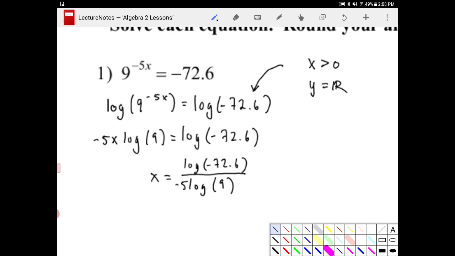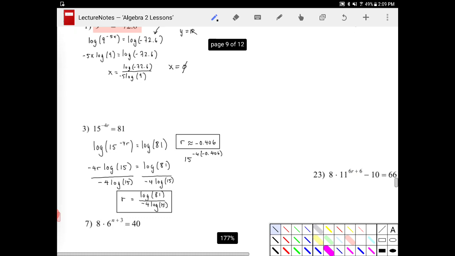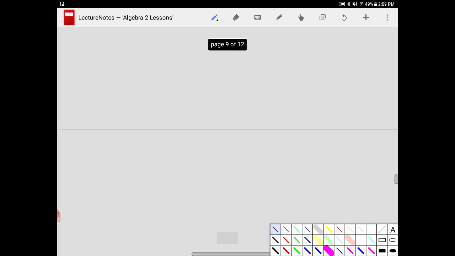And actually, if you go back to the original problem, can we take a positive 9, which we have here, and raise it to some value of x and end up with a negative answer as a result? We can't. So because of this, there's no real solution here. There are imaginary answers, however, the answer here is not real. So we say there's no real solution.